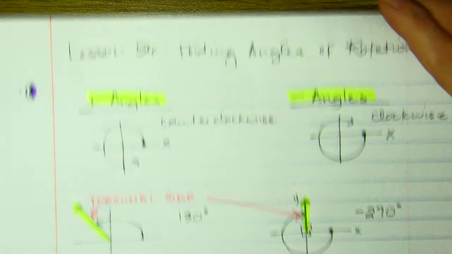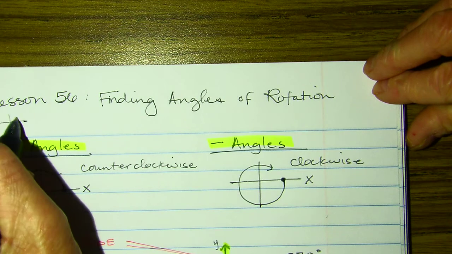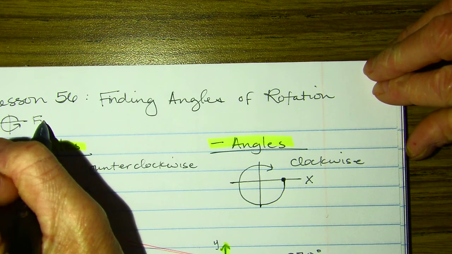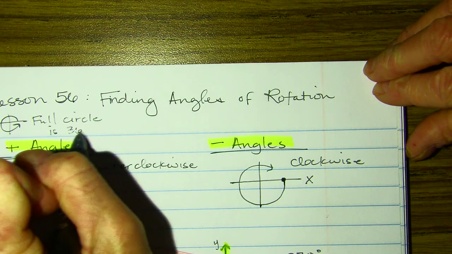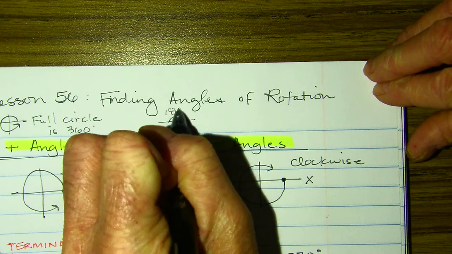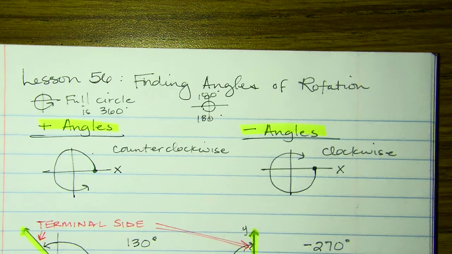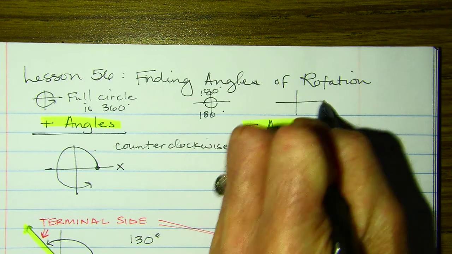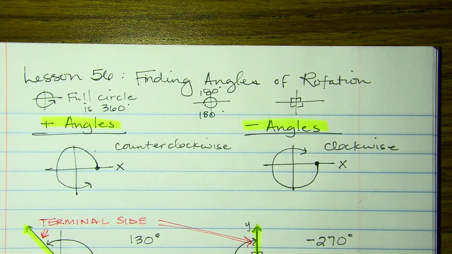Now remember, I didn't cover this earlier because I just figured a full circle is 360 degrees. And I know that this here is 180, and this here is 180. So I also know a straight line is 180. Also, we know that each quadrant is 90. So that's just some review for when you draw your angles.